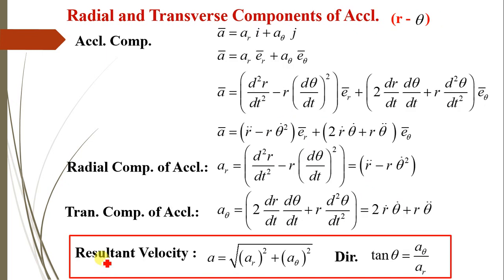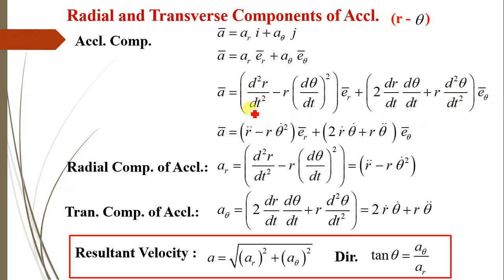Similarly, the radial and transverse components of acceleration. Acceleration can be expressed as A bar equals Ar i plus A theta j, or Ar Er bar plus A theta E theta bar, where Er and E theta are again the unit vectors in the radial and transverse directions. Therefore A bar equals d squared r by dt squared minus r into d theta by dt squared, times Er bar, plus 2 into dr by dt into d theta by dt plus r into d squared theta by dt squared, times E theta bar.